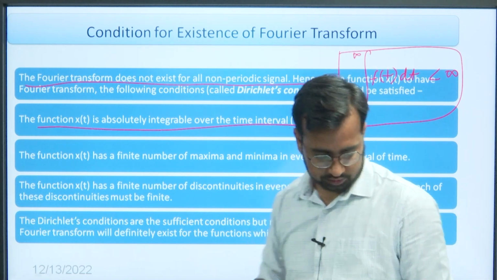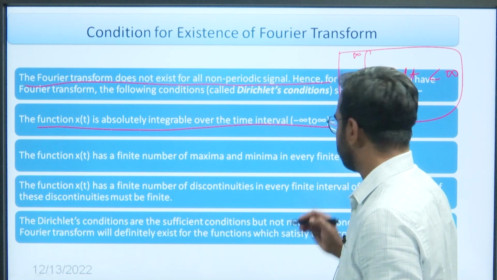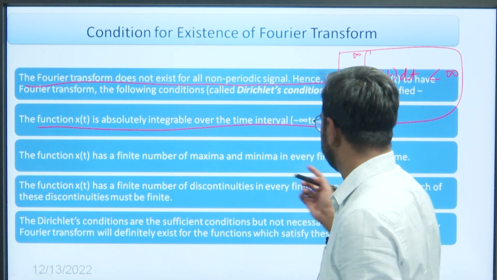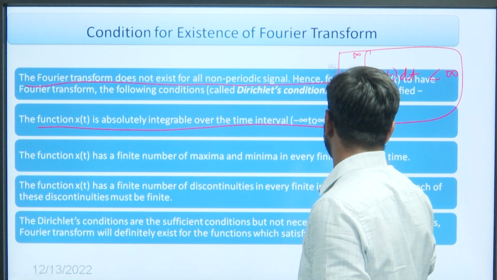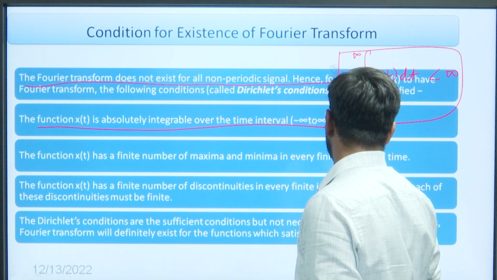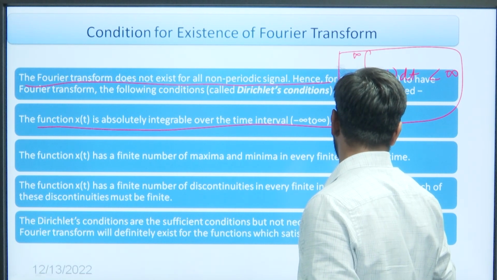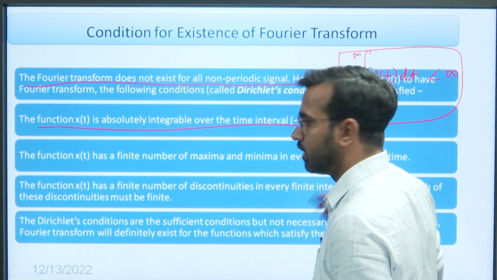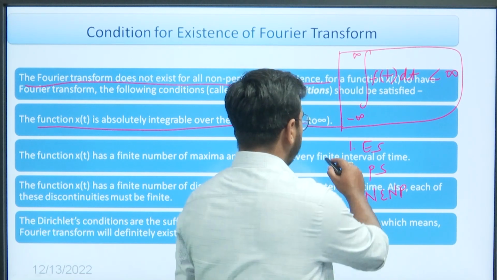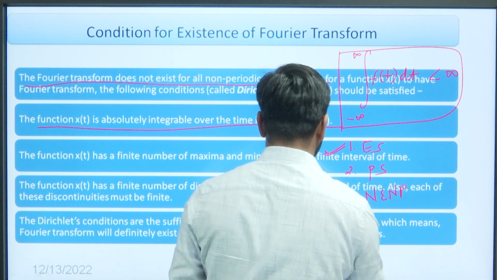If you remember from unit 1, we had three types of signal: one was the energy signal, second was the power signal, and third was neither energy nor power signal. What was the energy signal, what was the power signal?